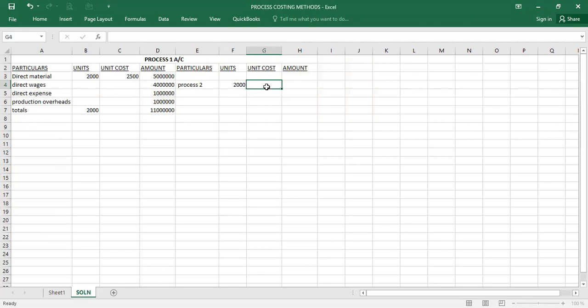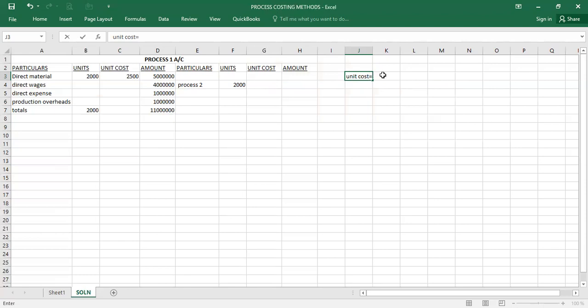It will be 2,000, but now we need to value this. It will be valued at what? What will be the price for these units? How do we get that? We gave the formula for unit cost.